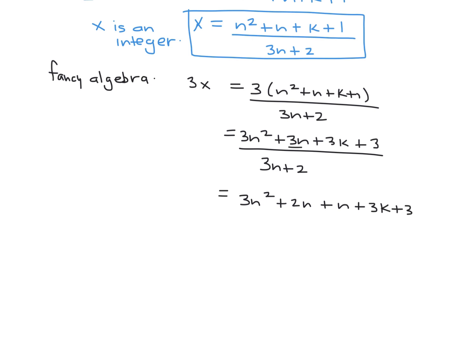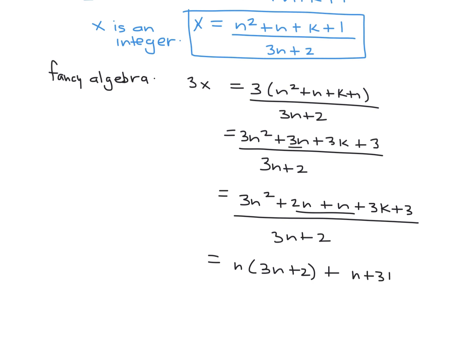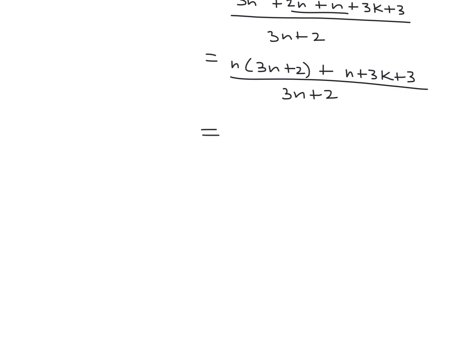So I just broke this up into these two. I'm trying to see if I can factor anything. If I factor out an n here, I get n times 3n plus 2, and then on the other part, I get n plus 3k plus 3, and that's over 3n plus 2. Okay, I'm getting somewhere. Not really getting a lot, though. This just boils down to n plus the quantity n plus 3k plus 3 all over 3n plus 2. And that was x, right? Yeah.